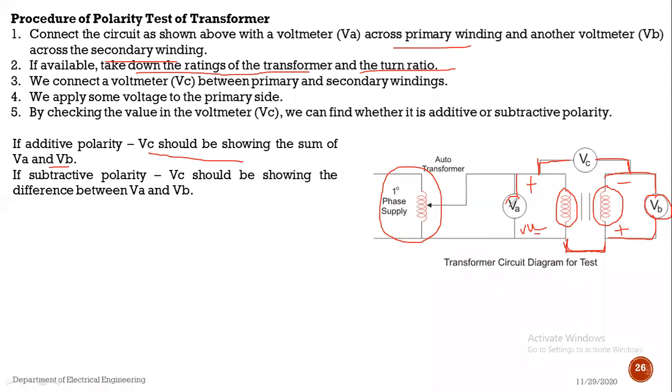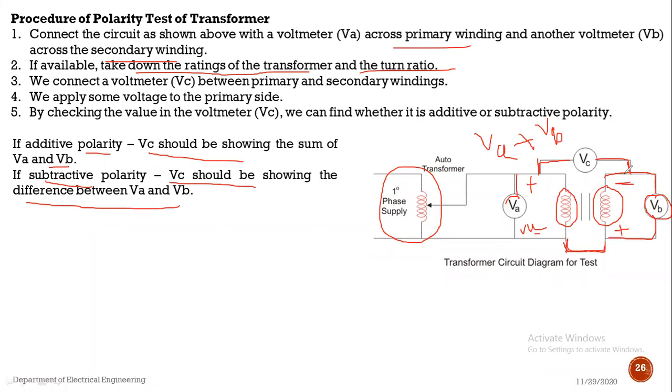So बघा या लूपला जर आपण KVL अप्लाय केला, VA we are moving from negative to positive, so it becomes plus VA, and we are moving from negative to positive, it becomes plus VB. So it will show the sum of VA and VB. If the summation of VA and VB is shown by VC, then it is nothing but additive polarity. And if the subtractive polarity is there, VC should show the difference between VA and VB. जर VC ना दोन्हीचा difference show केला, it is nothing but subtractive polarity.